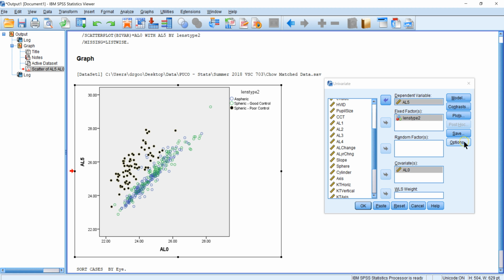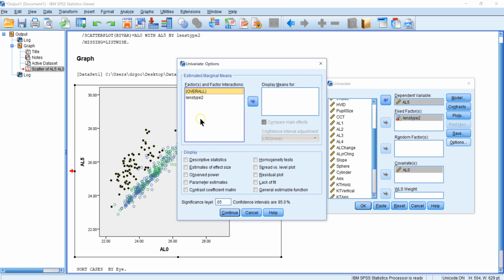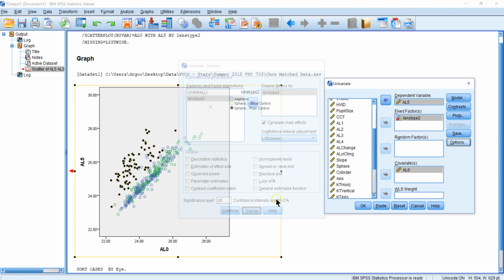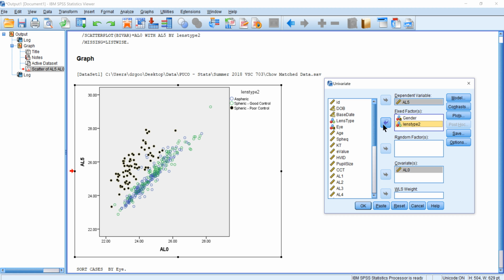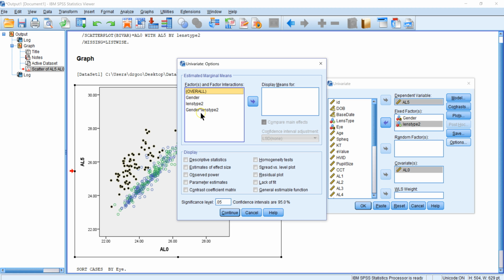We come down here and we look at the options. We're going to look at lens type 2. We're going to compare our main effects. We want to do it 2-way, so we're going to put in gender as well. But we want to look at lens types within each of the gender values for graphing, so we're going to put that second.